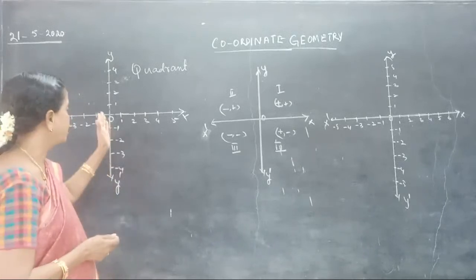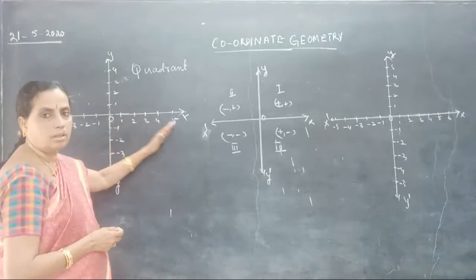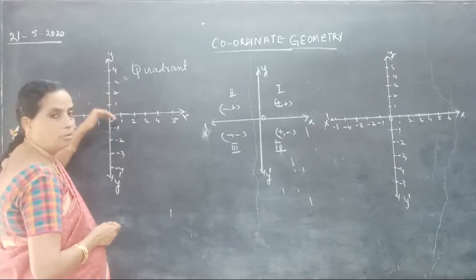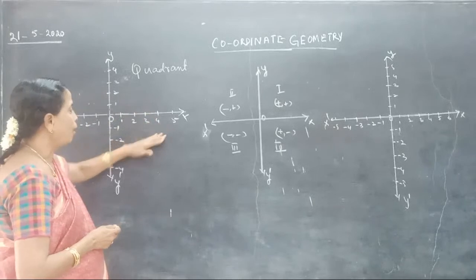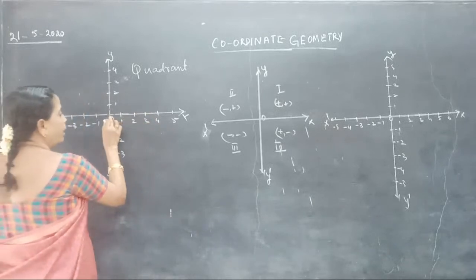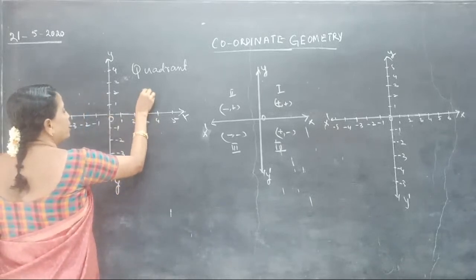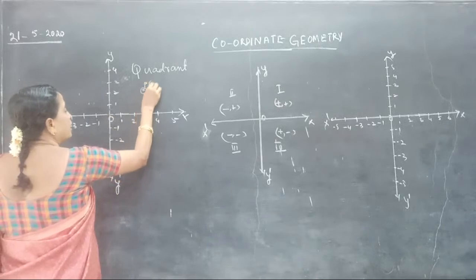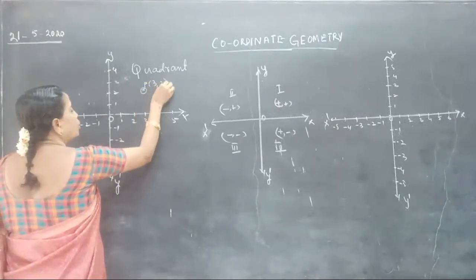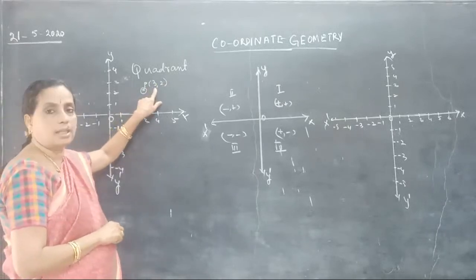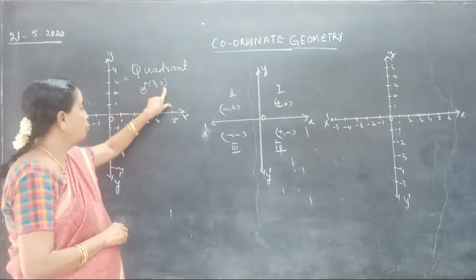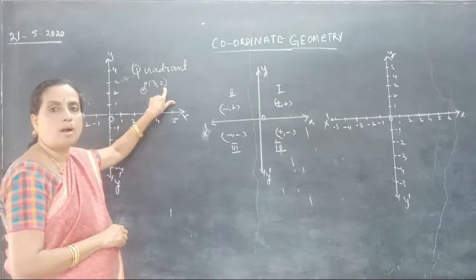The right side is positive, the top is positive, then y point and x point together. Suppose I locate (3, 2) here, point P has (3, 2). Then we say that 3 is the x coordinate, 2 is the y coordinate.